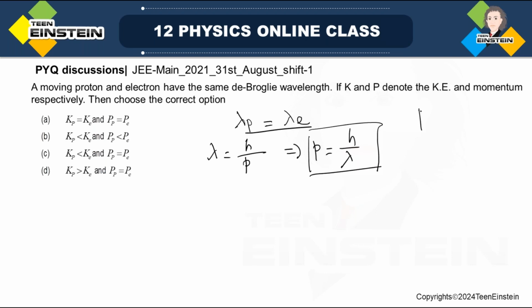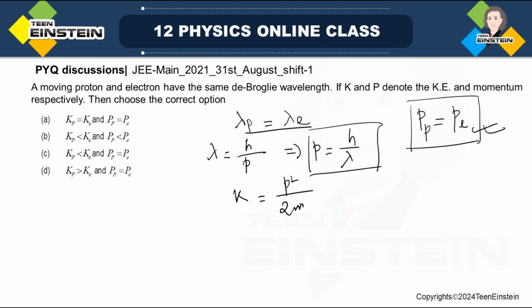So I can say linear momentum of proton will be equal to linear momentum of electron. So this part is fine with momentum. But what about kinetic energy? Kinetic energy we know is p square by 2m. Or you can just apply p is equal to h by lambda.